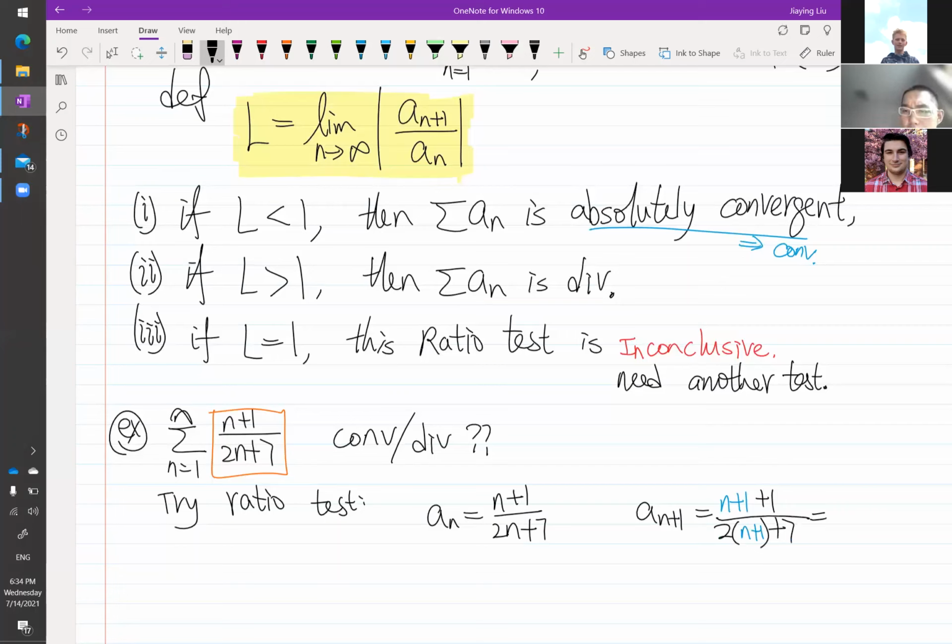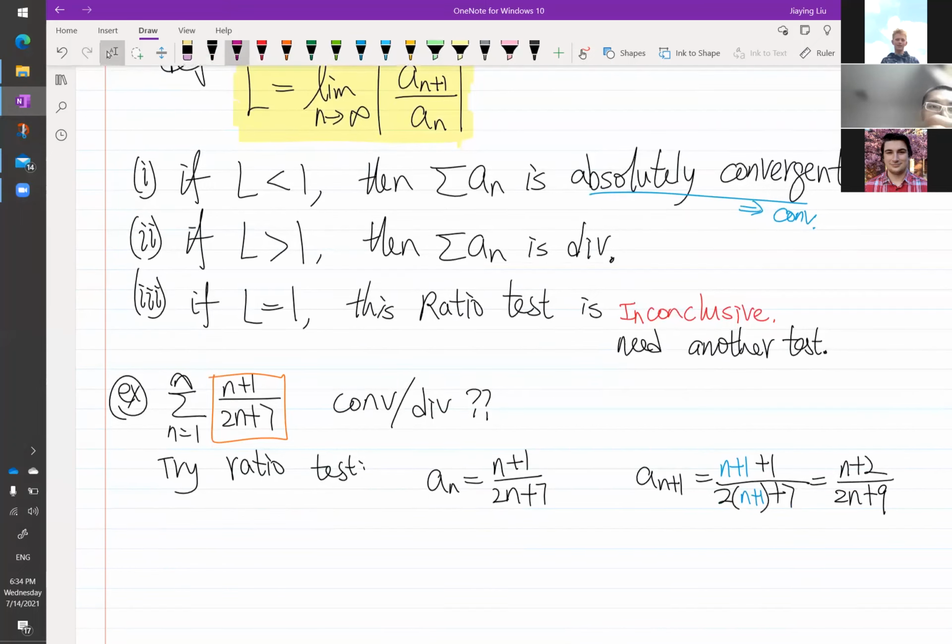I'm just going to rewrite this, simplify a bit. So that's a_(n+1) = (n+2)/(2n+2+7), so that's 2n+9 in the denominator. So that's finding those two terms. And then I'm going to define L, which is the limit as n goes to infinity of the absolute value of a_(n+1) over a_n.